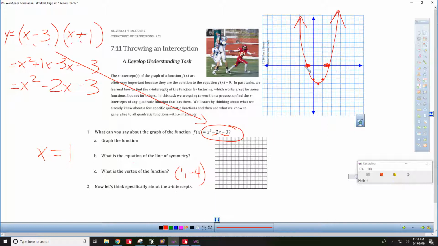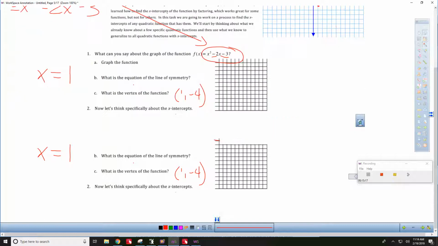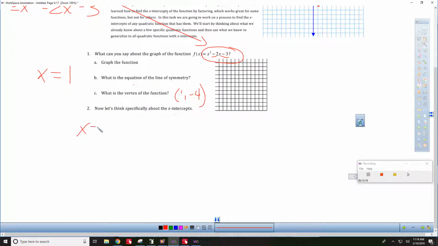Let's do the quadratic formula. So x equals minus b plus or minus the square root of b squared minus 4ac, all over 2a. I'm not even going to do this in my calculator because I already know the answers are 3 and negative 1. Watch. What's b? And what's minus negative 2?